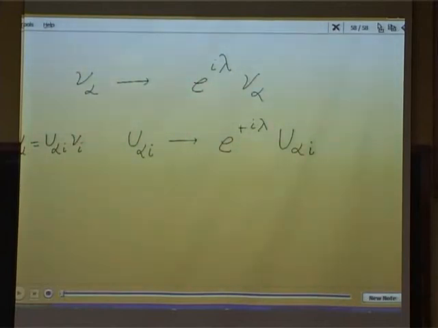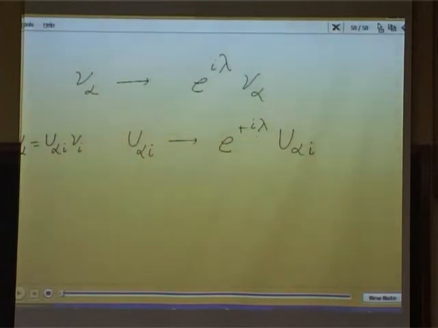So if my nu alpha goes to e to the power i lambda times nu alpha, then to get this factor, my U alpha i should also change by this factor, e to the power i lambda. So this seems to change my U matrix.